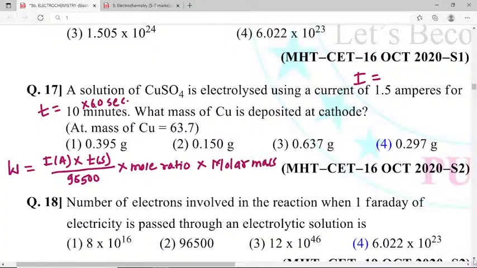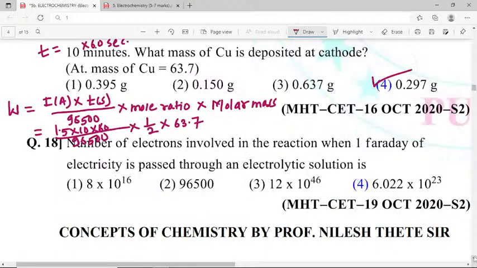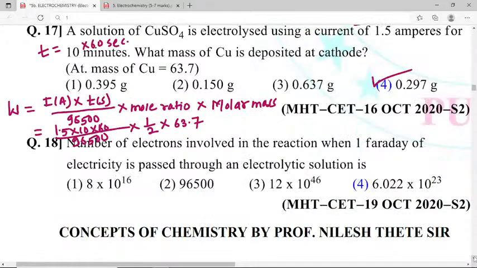Current is 1.5 multiplied by time 10 into 60, whole divided by 96500, multiplied by mole ratio of copper 1/2, multiplied by molar mass 63.7. So we'll get the answer 0.297.